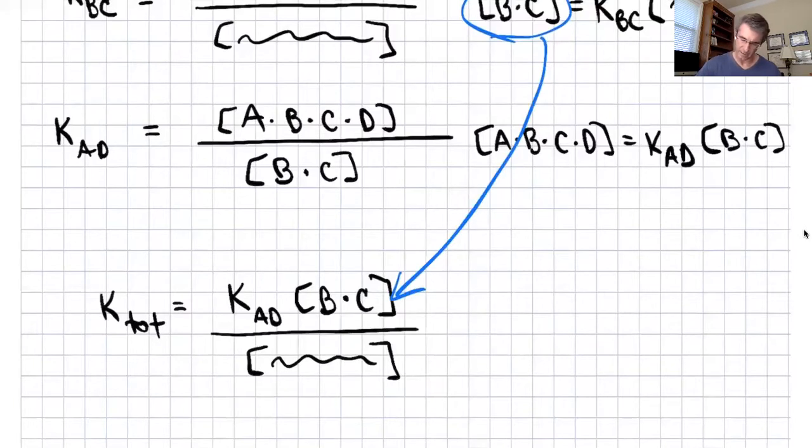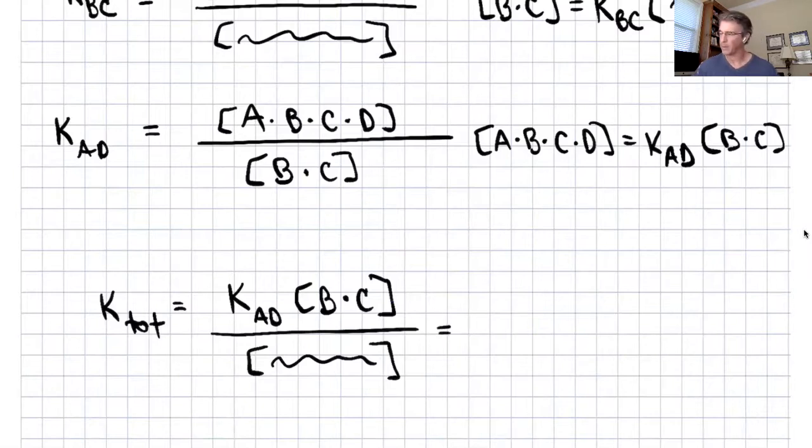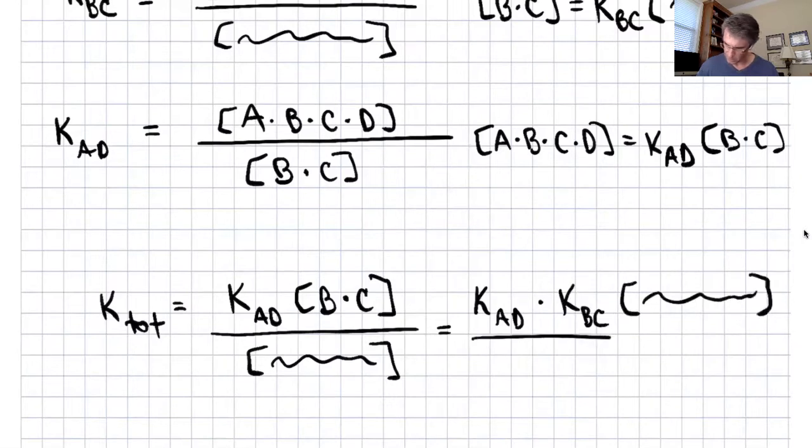If I do that, what happens, of course, is that the K total equilibrium constant is now just equal to KAD times KBC times the concentration of squiggle divided by the concentration of squiggle. That's kind of cool, right?